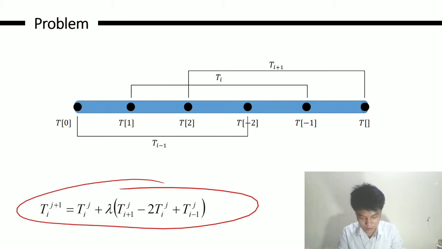Now, dito sa equation natin, meron tayong i. This is the position. Yung i nagdi-denote siya sa position niya sa ating rod. Samantalang yung j, nagde-denote siya ng ating time. So, meron tayong i plus 1, i minus 1, tsaka i.